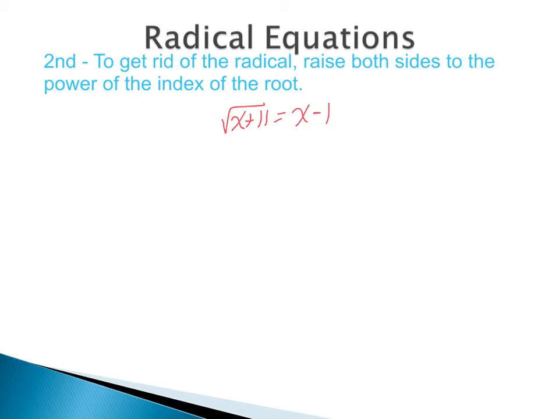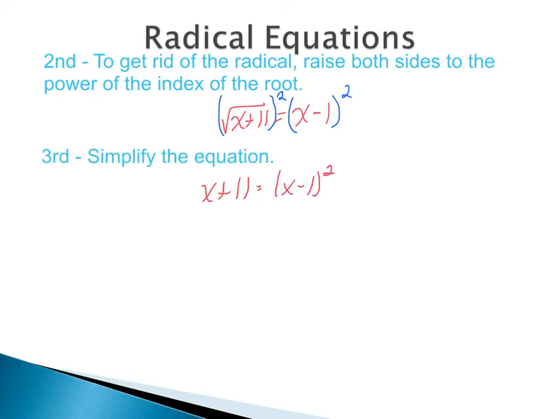So in our case, that means we're going to be having the square root of x plus 11 raised to the second power, and then x minus 1 raised to the second power. And what that'll do is cancel out our square root. So what we're left with then is x plus 11, the square root and the square cancel out, equals x minus 1 squared, which brings us to our next step, which is then to simplify this.